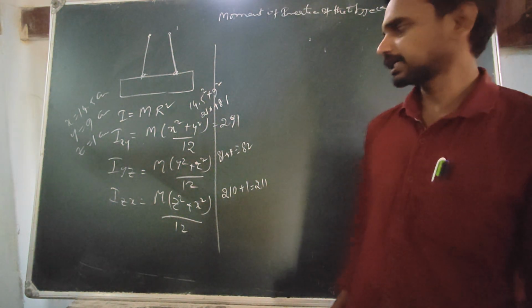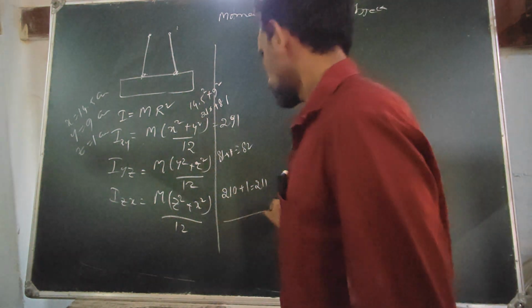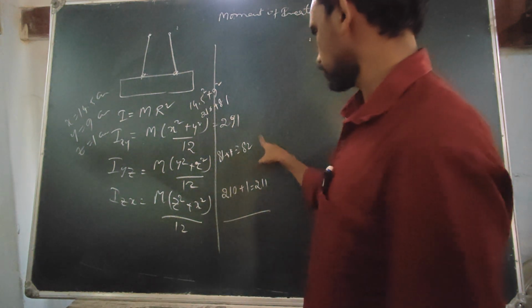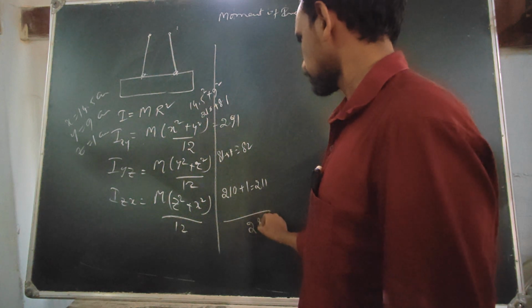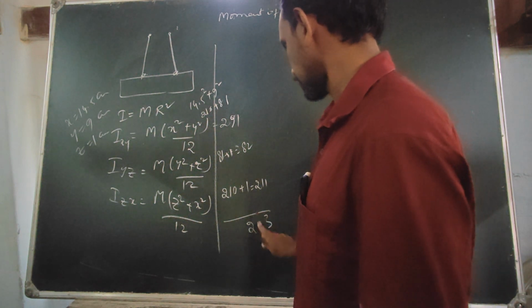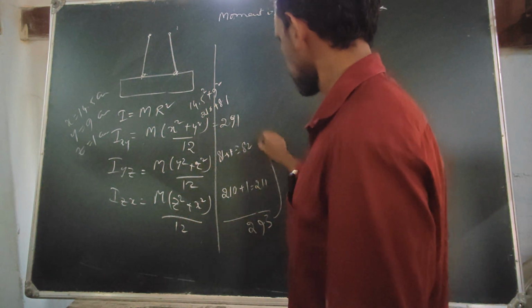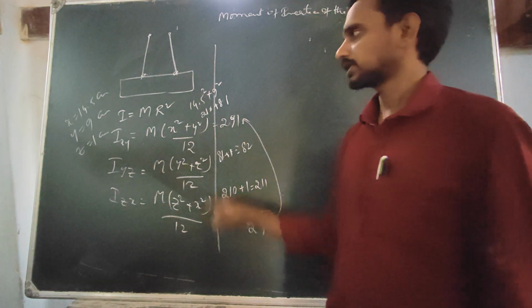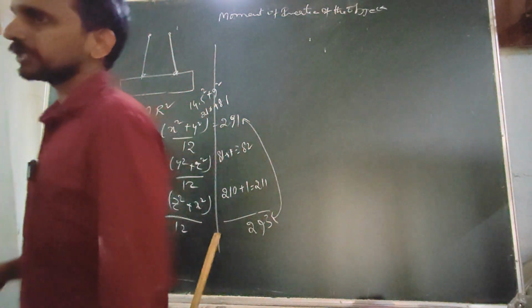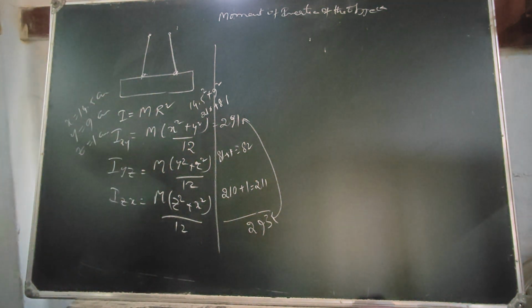So if one side is negligibly small, sum of these two is what? 293 is nearly equal to the largest area, the moment of inertia along the largest area.